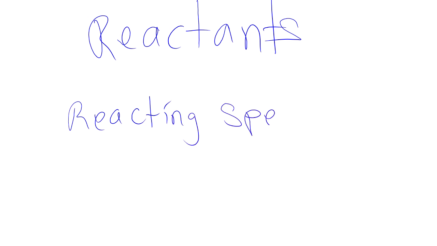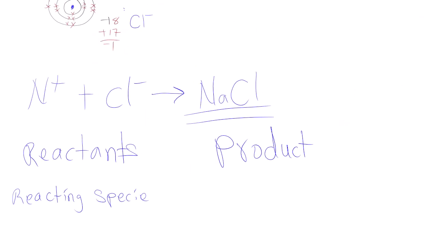This is reacting species. That means those particles or elements or compounds that form the reactant. So they are reacting species. So you have sodium and chlorine, you end up having sodium chloride.